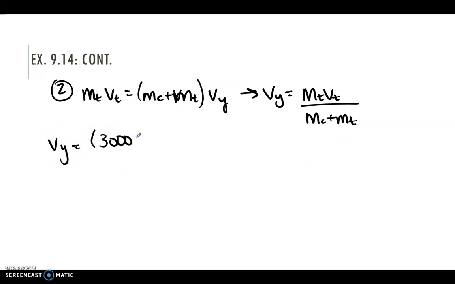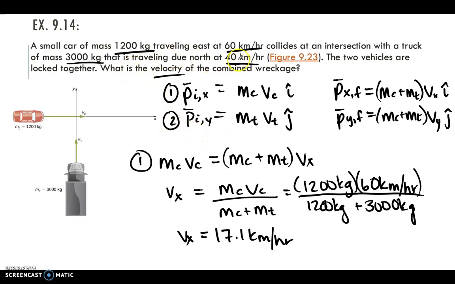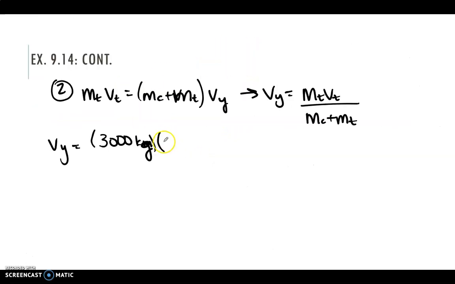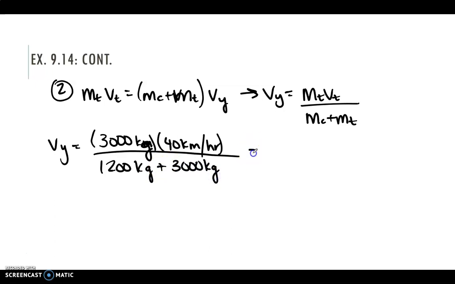So v sub y then will be 3,000 kilograms times the velocity of the truck, which we were given, 40 kilometers per hour. And divide that by our mass of the car, which was 1,200 kilograms, plus 3,000 kilograms, the mass of the truck.